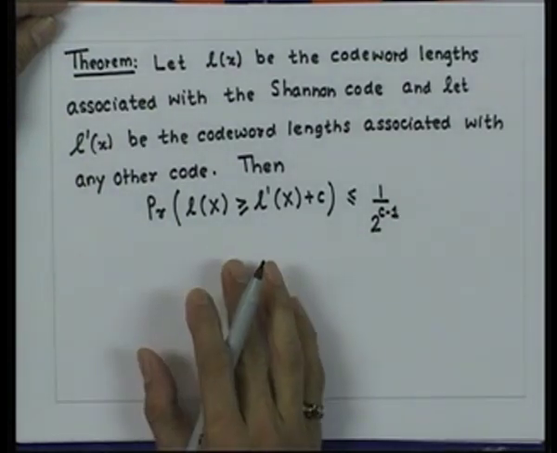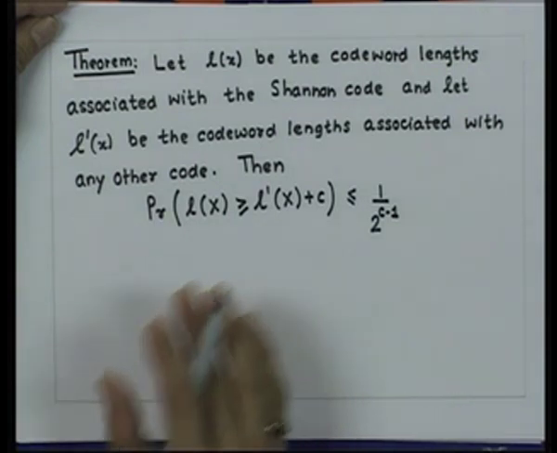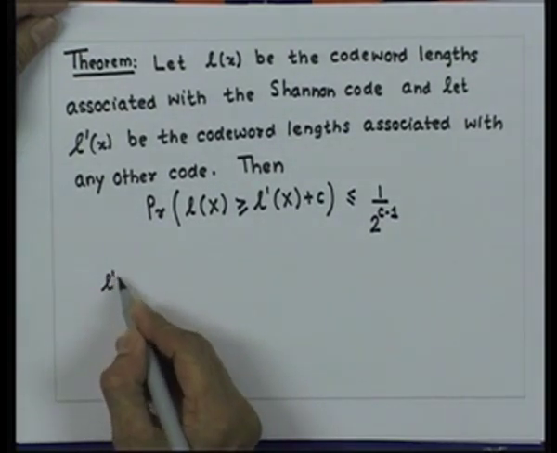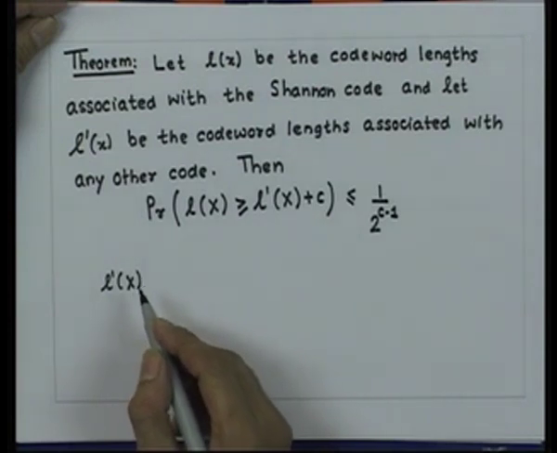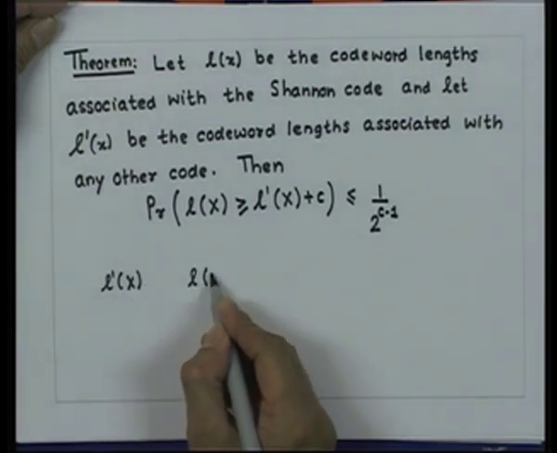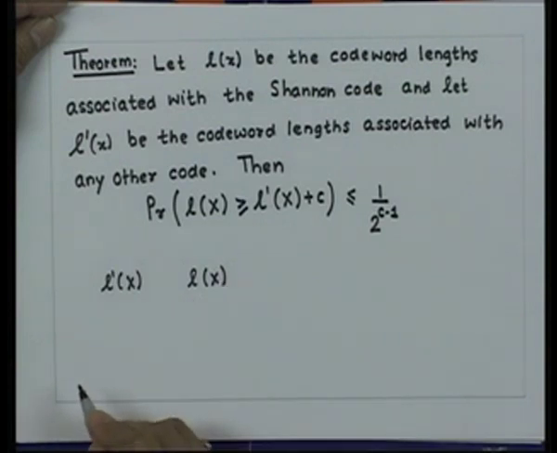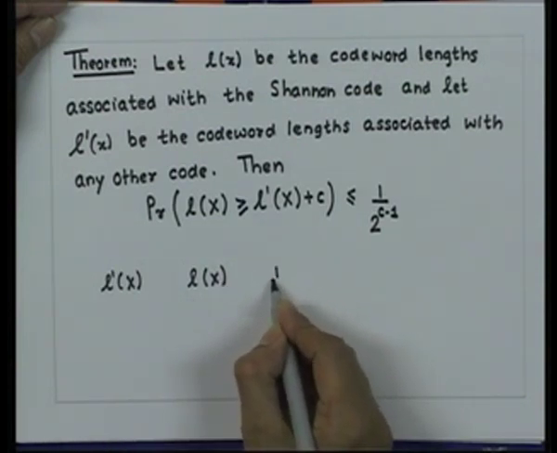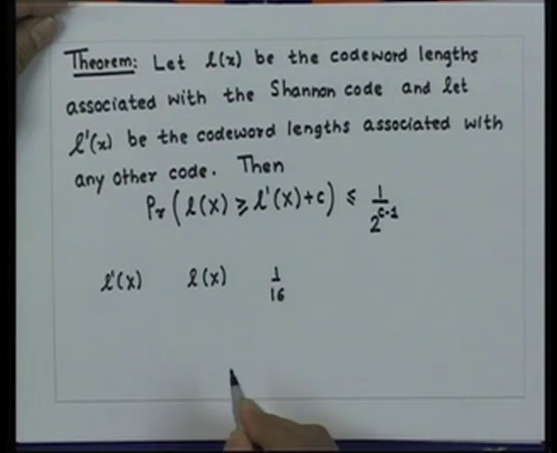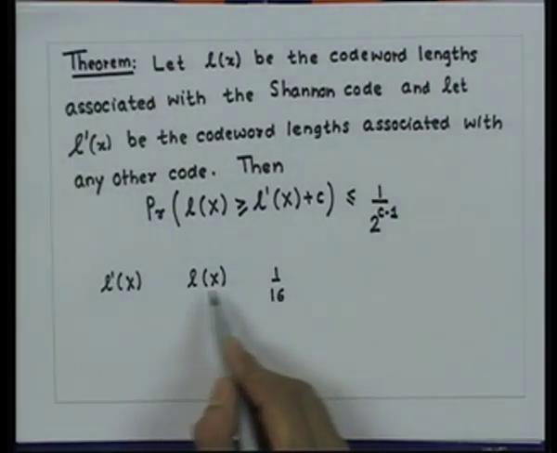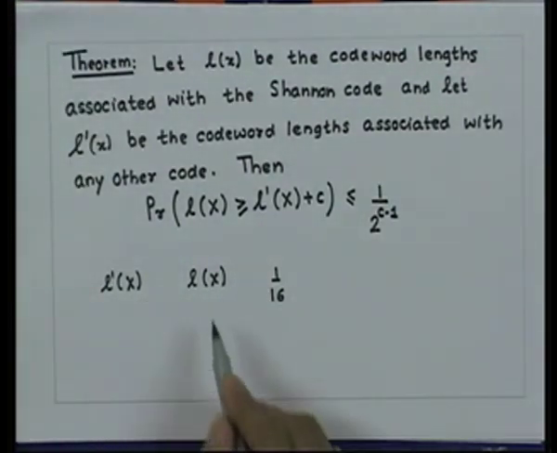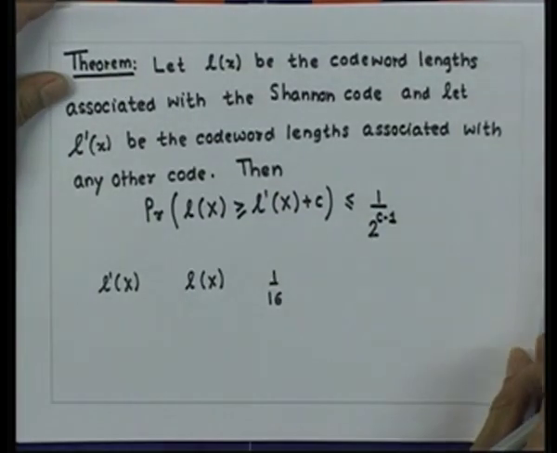What it means is that the probability that L dash x is, say, 5 or more bits shorter than Lx is less than 1 by 16. So, that is the interpretation of this theorem. Now, let us look into the proof of this.